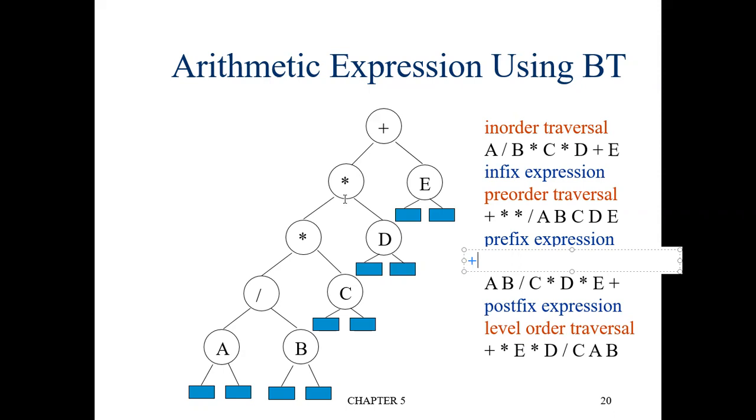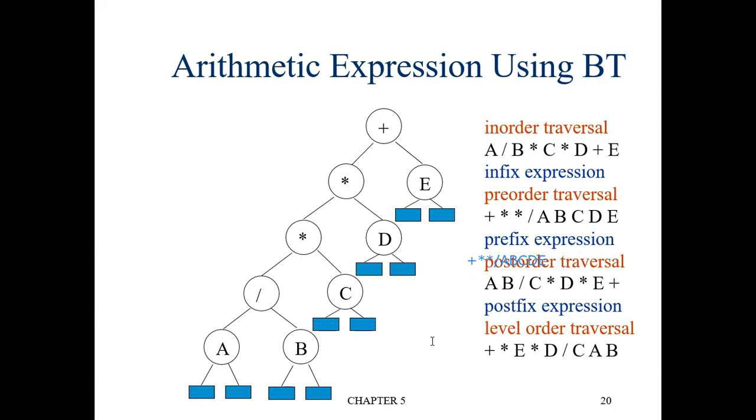The left subtree has root asterisk, then its left subtree root division, and then left subtree A. So I have printed the root, left subtree, and then right subtree, and similarly for each right subtree I will write everything.